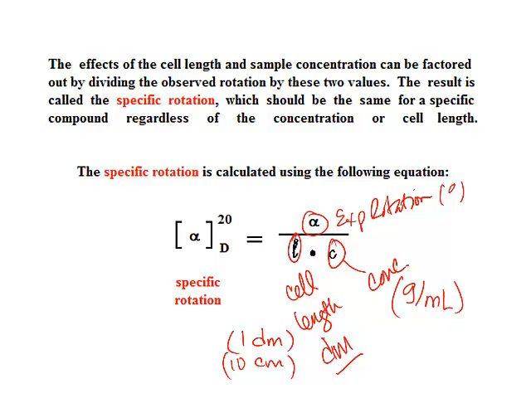So the idea here is that that specific rotation then is a physical property of that molecule. So if I had a glucose sample and I wanted to know if it was glucose, I could compare its specific rotation to the literature value. And that would give me some other physical property.